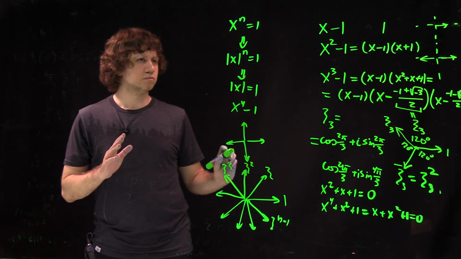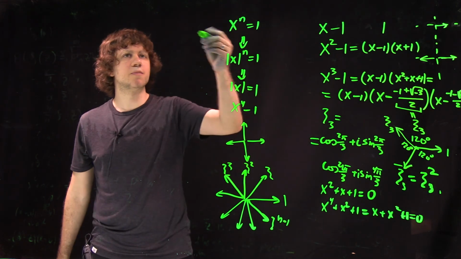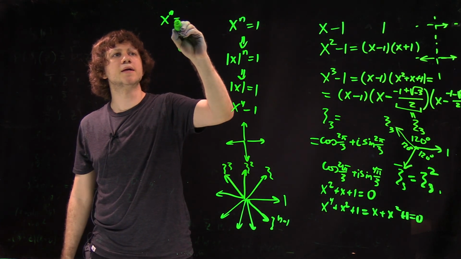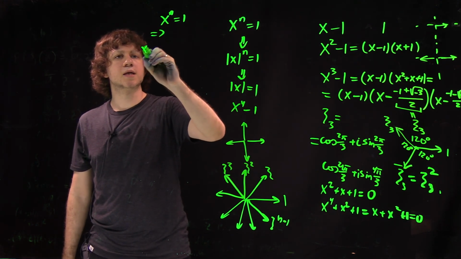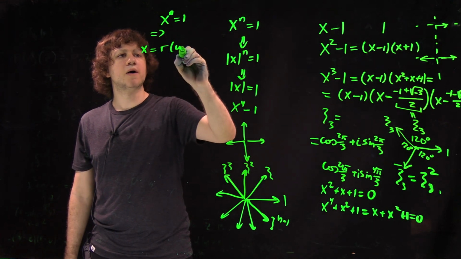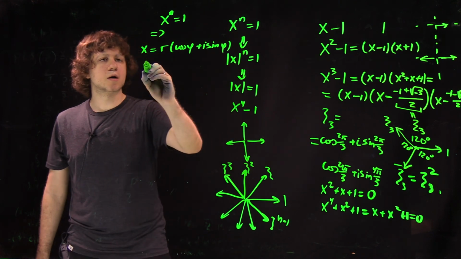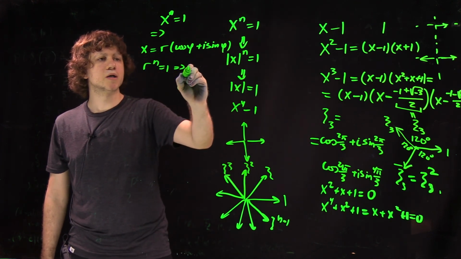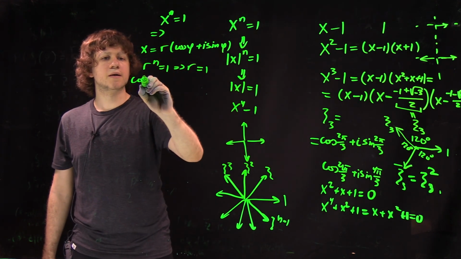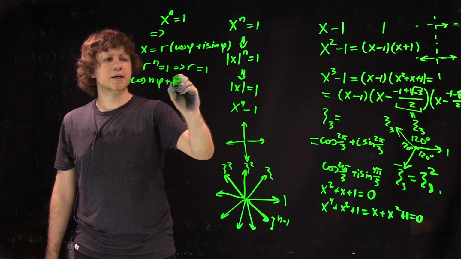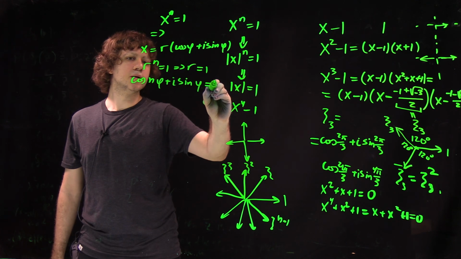So the easiest way is just to find them explicitly. Suppose we are trying to solve the equation x power n equals 1. Then we can write x as r times (cosine phi plus I sine phi). And then we know that r power n equals 1, so r equals 1, and that's just this argument. And then we know that cosine n phi plus I sine n phi equals 1.